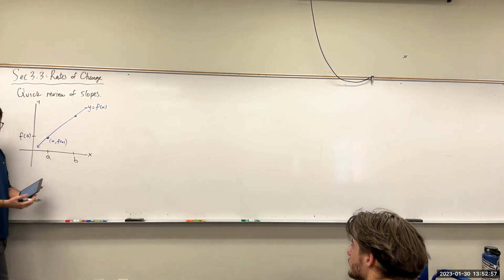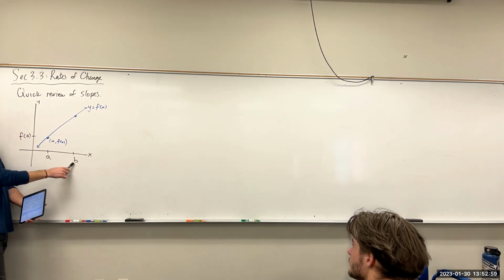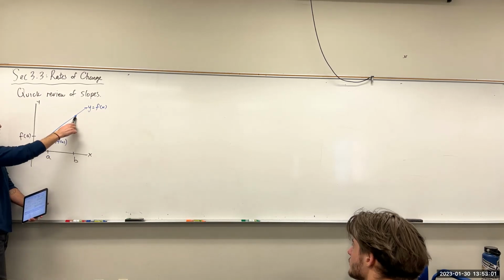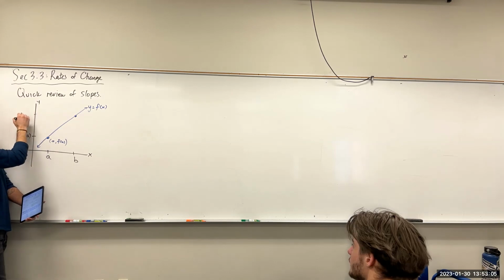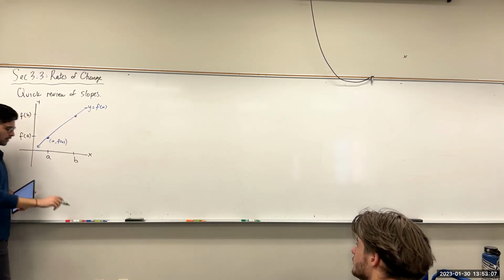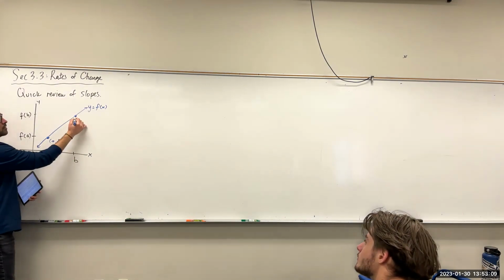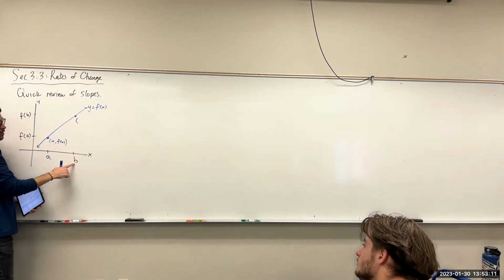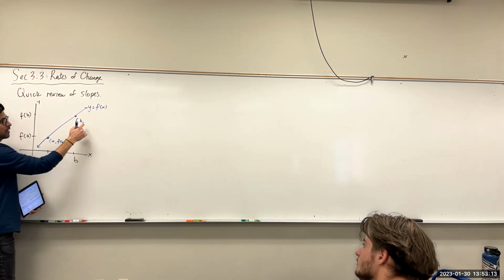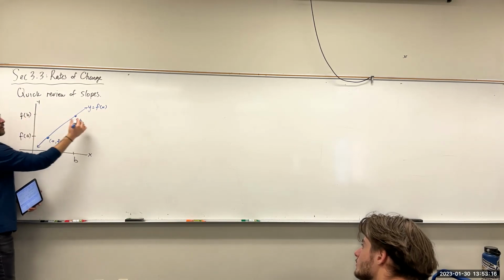And then for the second point, same story. This point is above the x value b. What's the y value going to be called? f of b. So then the coordinates of this point are the x value b and the y value f of b that it corresponds to.